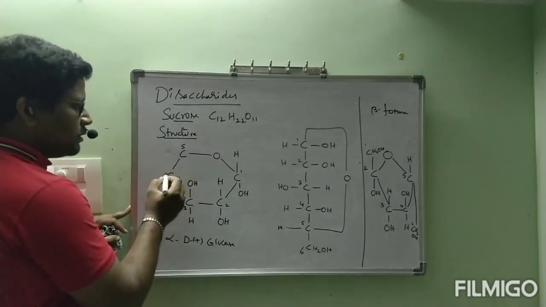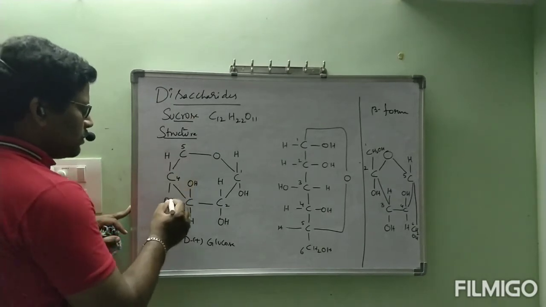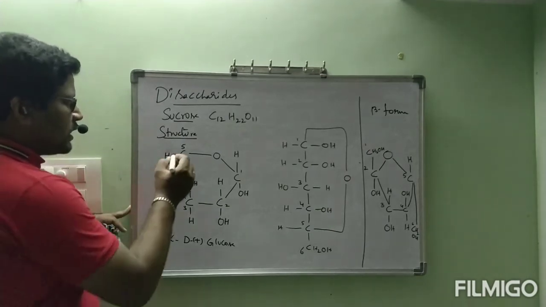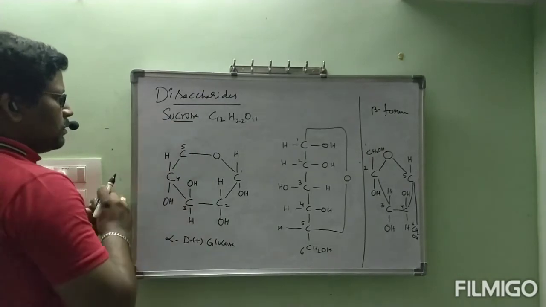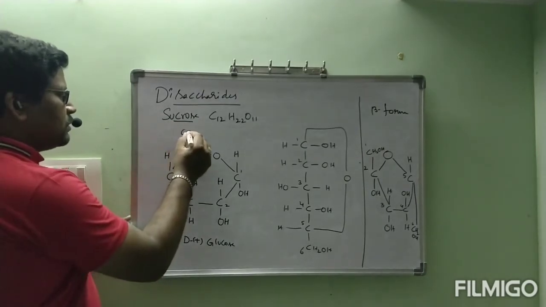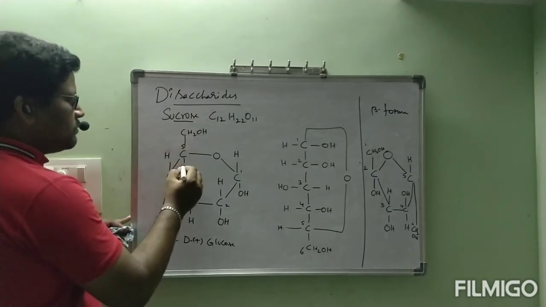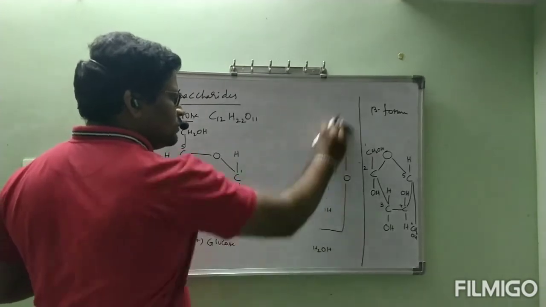Fourth carbon, H above, OH below. Fifth carbon, CH2OH above, H below. This is the Haworth structure of alpha D glucose.